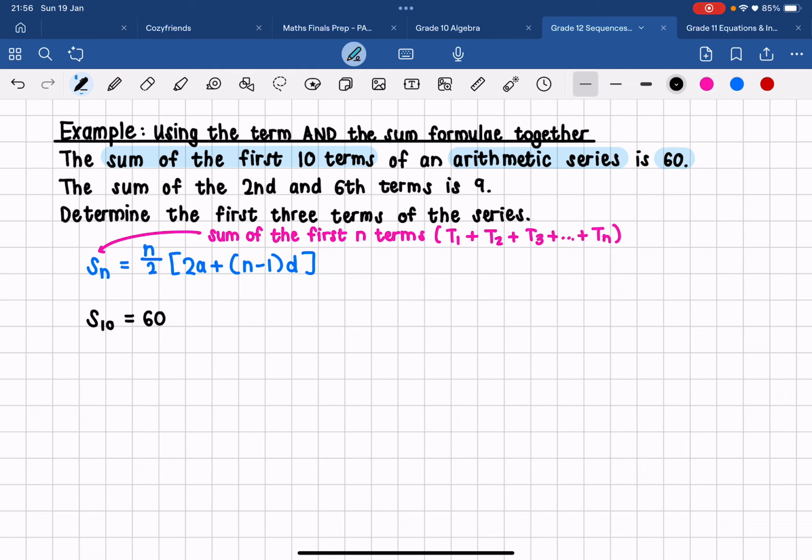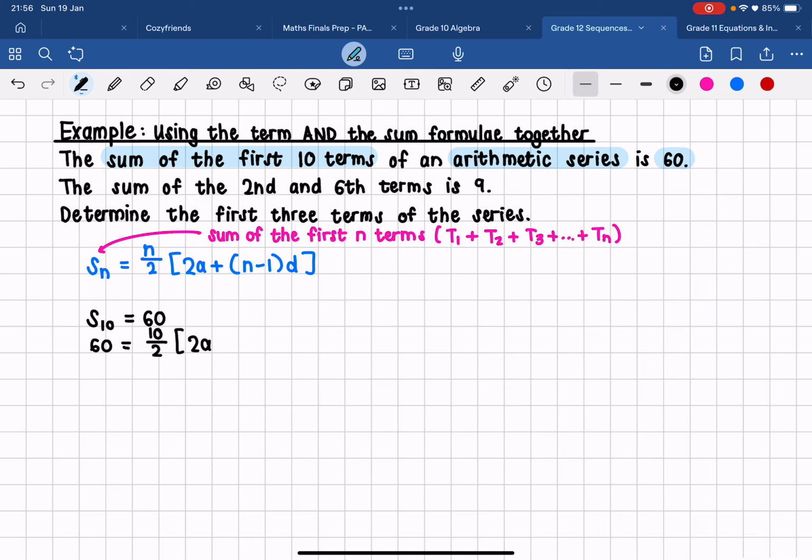So I'm going to say that 60, because that is the sum to 10 terms, is n over 2. Remember, n is now 10, right? So sum to n is n over 2. We are working with the sum of the first 10 terms, so that's why I'm putting a 10 in the place of n.